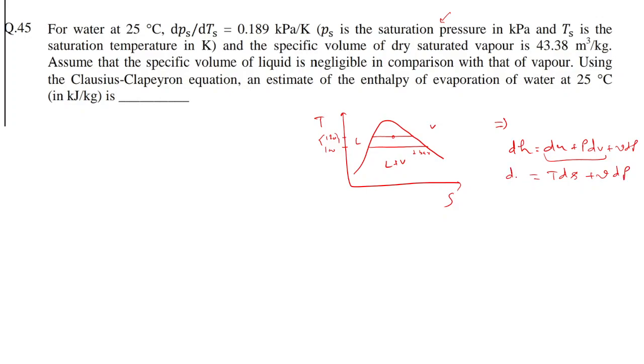Is it correct or not? Yes, sir. So this is one equation. This TdS is equal to dU plus pdV. So if you take dU in terms of TdS, then dU is equal to TdS minus pdV. Is it correct? Yes, sir.